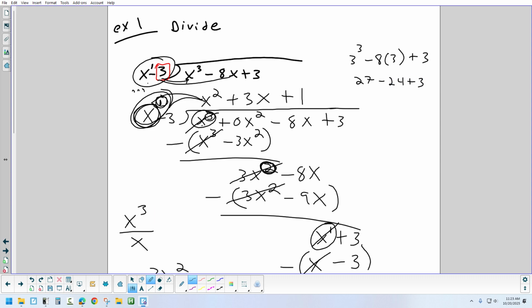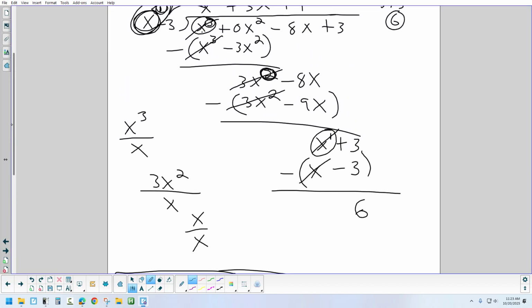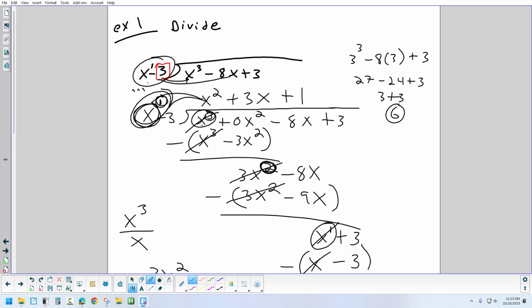And what's 27 minus 24? 3. And what's 3 plus 3? 6. And what did we get for a remainder when we did this problem? 6. So we got exactly the same remainder. So that's a quick way to find the remainder, as long as you're dividing by x minus a number.